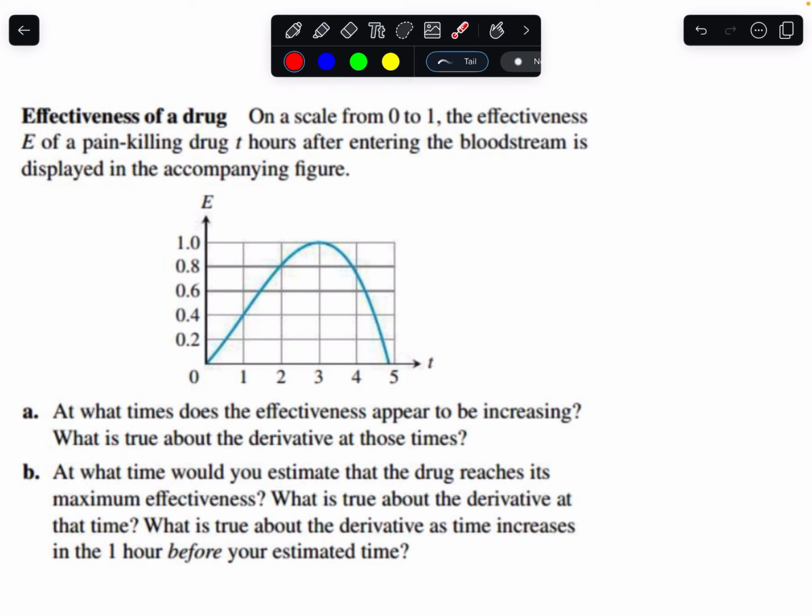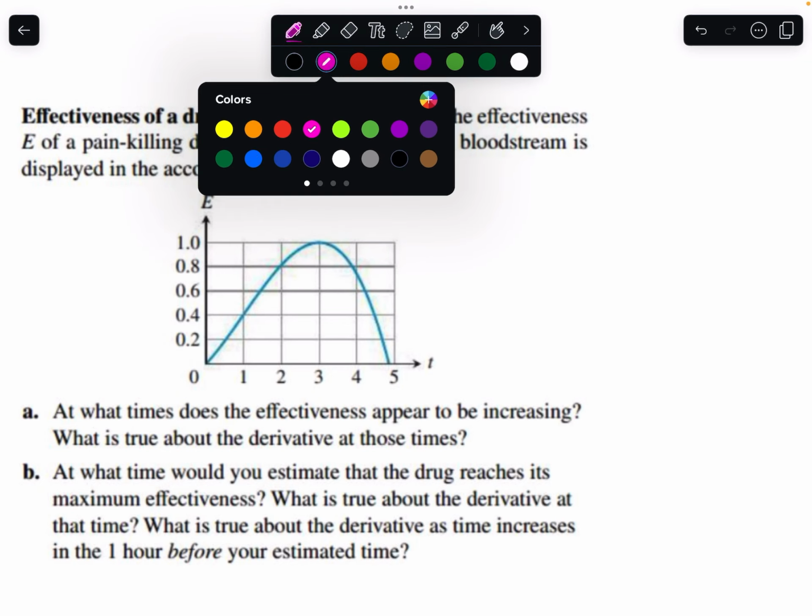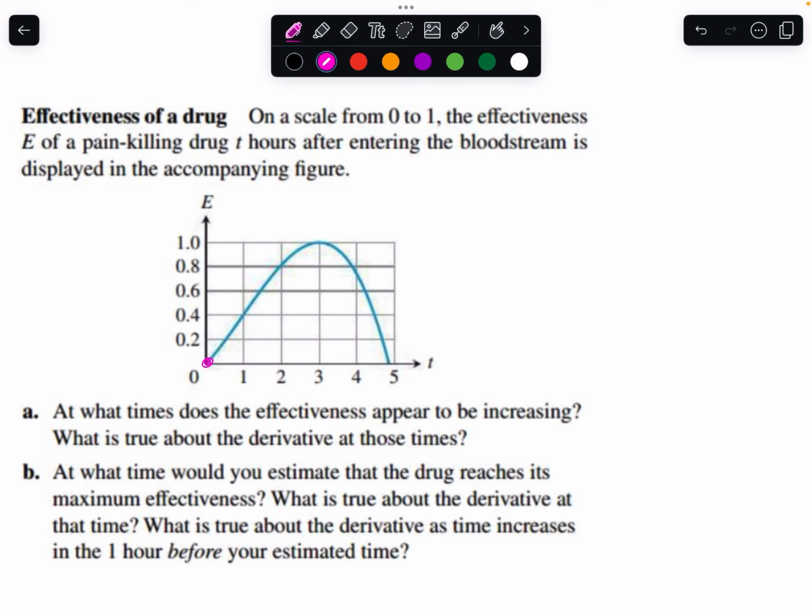Let's look at part A of this question. At what time does the effectiveness appear to be increasing? And what is true about the derivatives during that time? If we're looking at this, between 0 all the way until we reach this top point, that maximum, it appears that the effectiveness is rising.